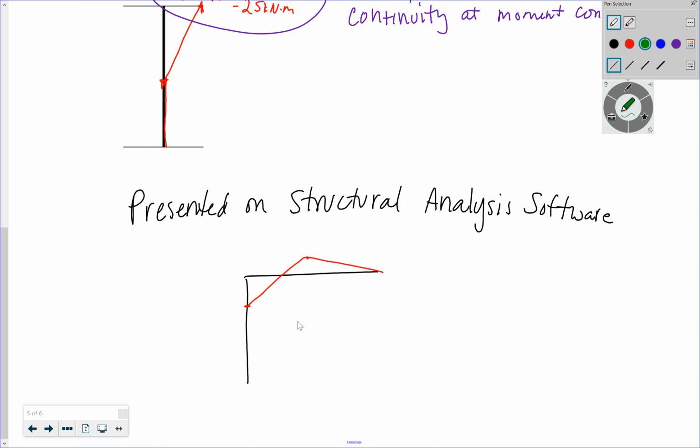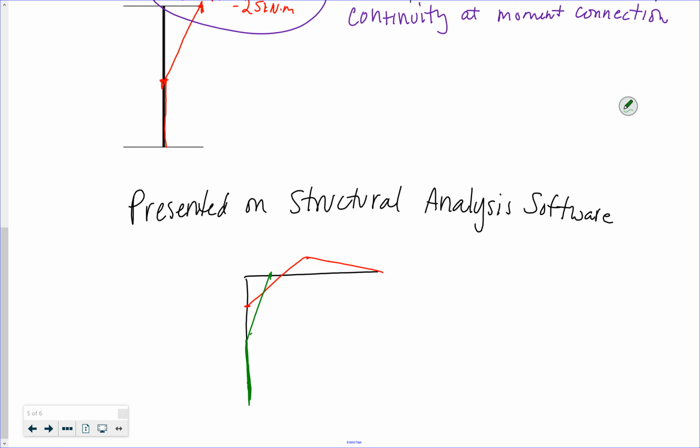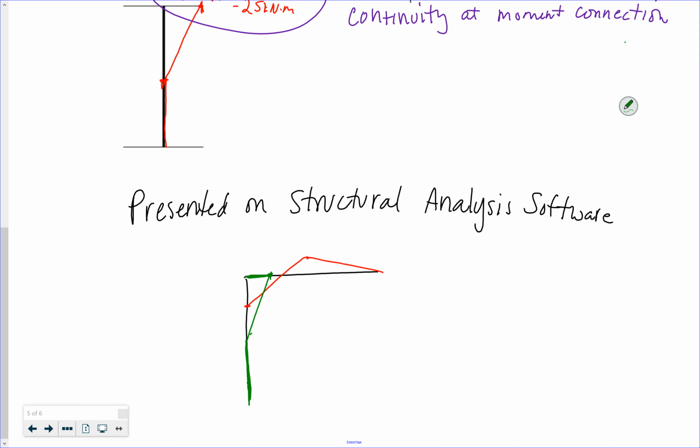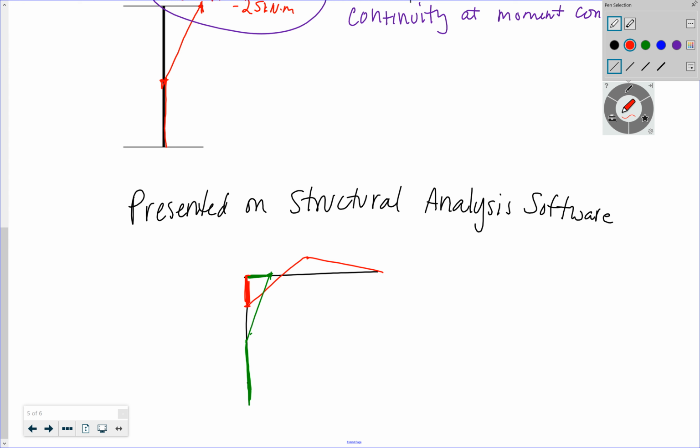It would show like that for the column, and you would see that these two values would be the same.